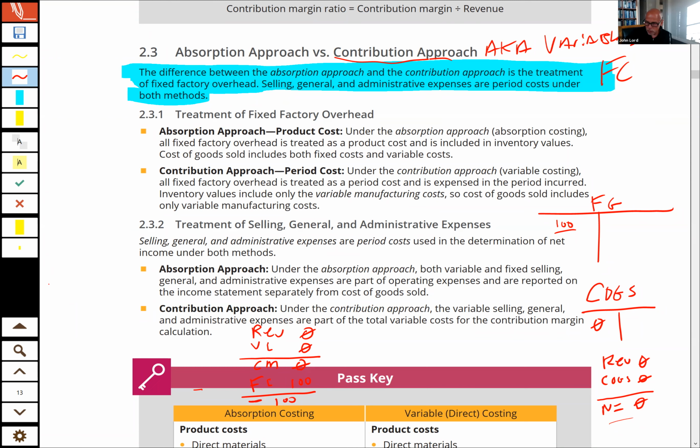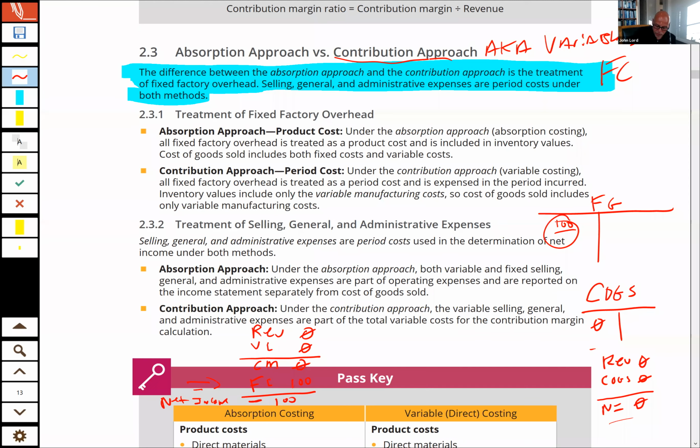What expenses? I'm not recognizing the manufacturing overhead that is still sitting in finished goods under absorption. Here, I'm treating those fixed costs as a period cost. I'm showing a negative net income. I'm showing a net loss of $100, and it's the fixed manufacturing overhead cost.